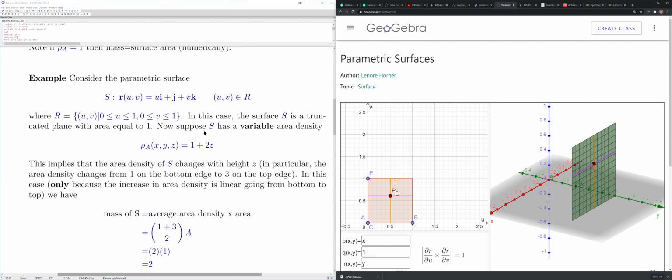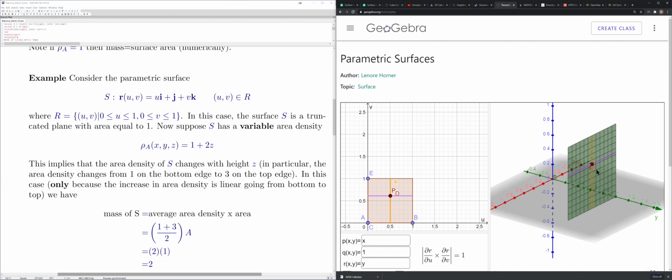For this example, I'm regarding this as a sheet of metal, and the area density is changing according to this function.